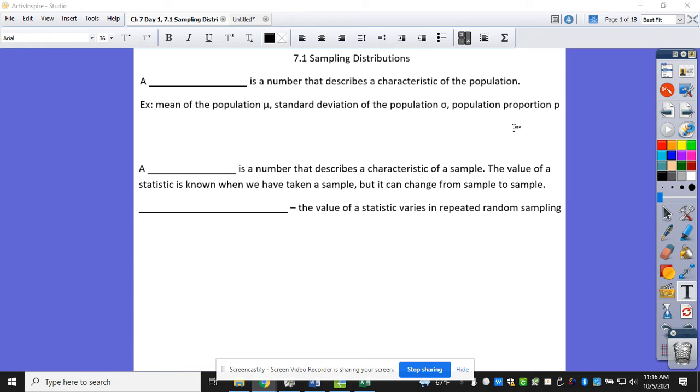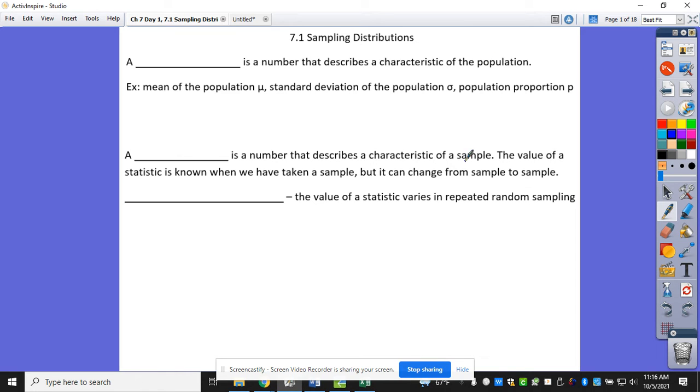Right, so fill in the blank stuff, start out with the difference between this one and this one is one of them describes a population and one of them describes a statistic.